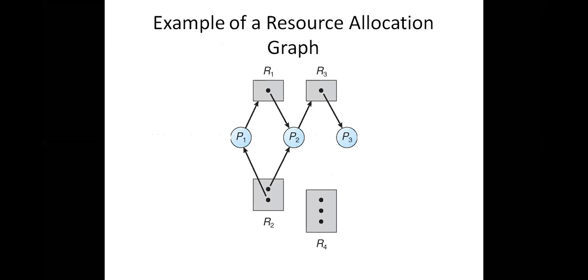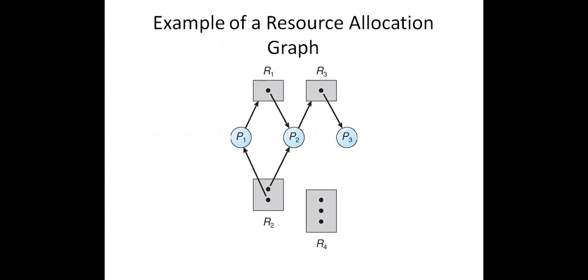Now this is the example for the resource allocation graph. Here, how many resources are available? There are four types of resources. As I told you, a resource is represented with a rectangle. So R1, R2, R3, R4 are the four resources. How many instances are there? R1, only one instance. That means only one resource is available of type R1.